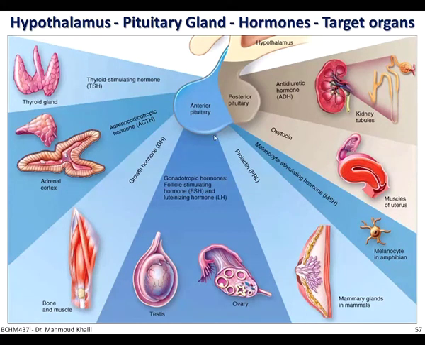It also releases prolactin, which will affect the mammary gland in mammals, as well as an important hormone called the melanocyte stimulating hormone, which will affect the melanocytes, especially in amphibians. So this is a general figure showing the major function of each part of the pituitary gland.